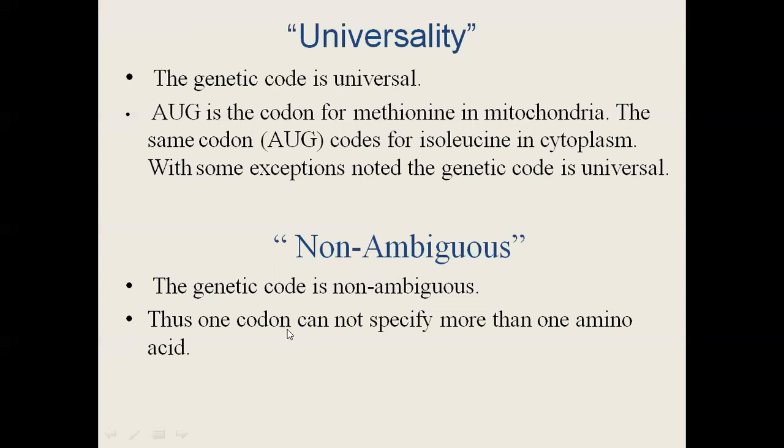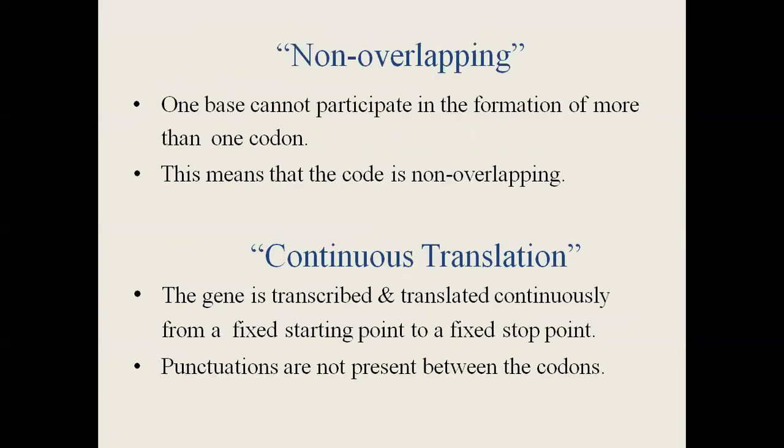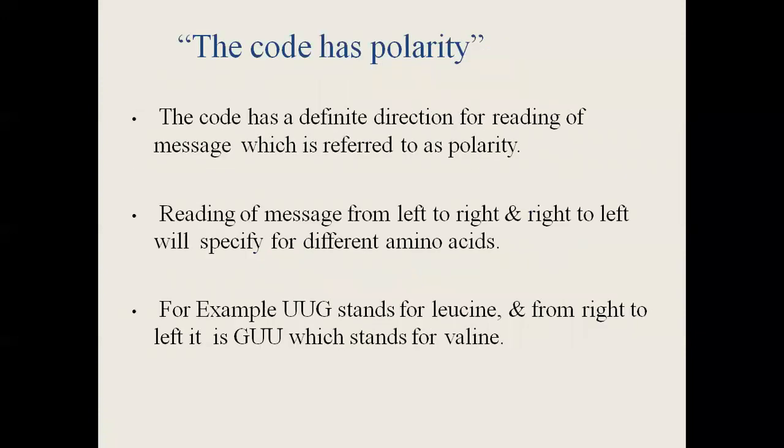And non-ambiguous means one codon for one amino acid. Non-overlapping means one base cannot participate in the formation of more than one codon. And continuous translation means the gene is transcribed and translated continuously from a fixed starting point to a fixed stop point. This is the continuous translation.